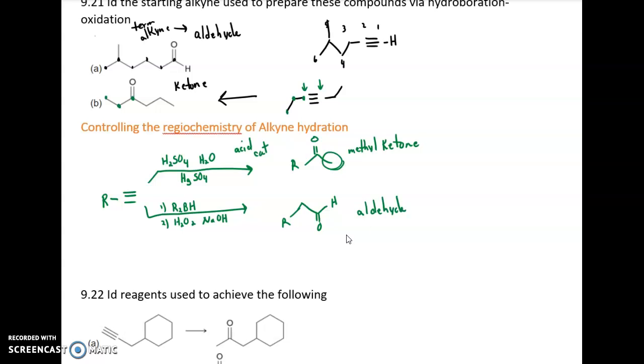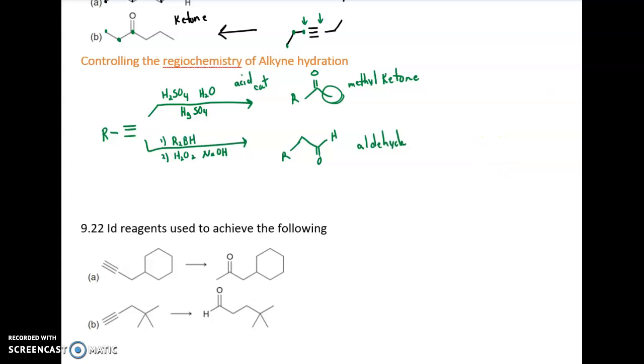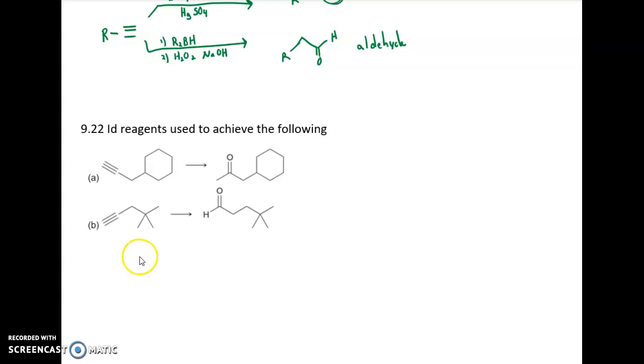So you can control what you're going to get out of your reaction by being very careful about your reagents. So let's identify the reagents that you would use to achieve the following. So the first one here, we've made a ketone. And so we're using, this is an acid catalyzed hydration in the presence of mercury sulfate.